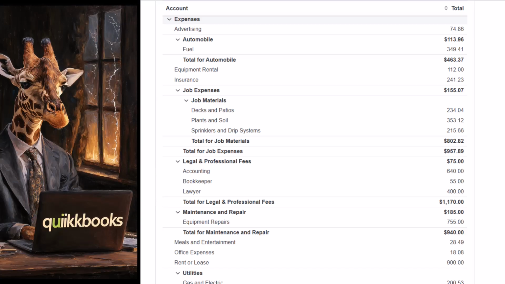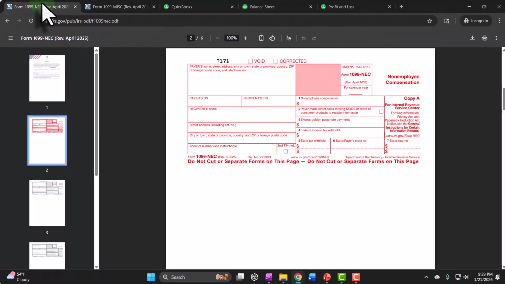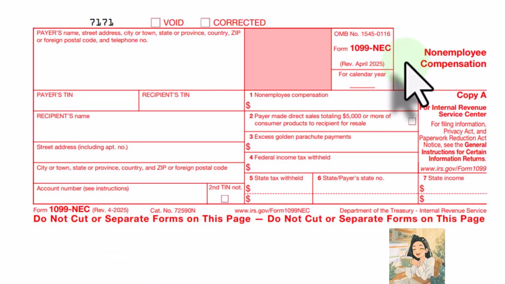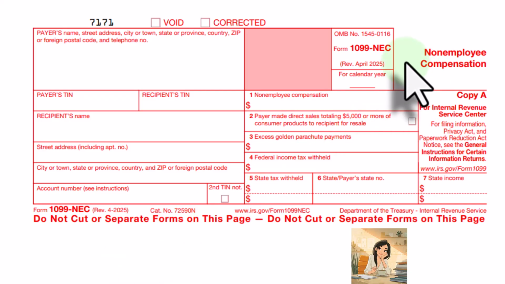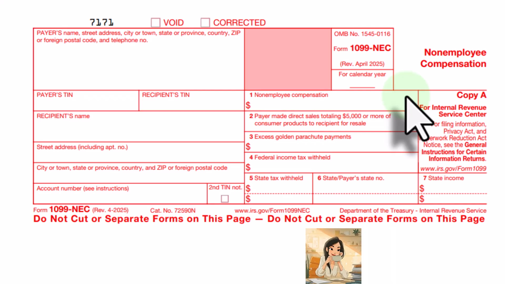Okay, so now notice that the forms are pretty straightforward. You can find them just on irs.gov. Just to give you an idea of the forms, you would have to get the forms, and you typically wouldn't download them from the IRS, but would have to purchase them in some way, shape, or form. But just to get a look at them, the 1099 NEC is the non-employee compensation. So that would be the normal form used for contractors that you would have.